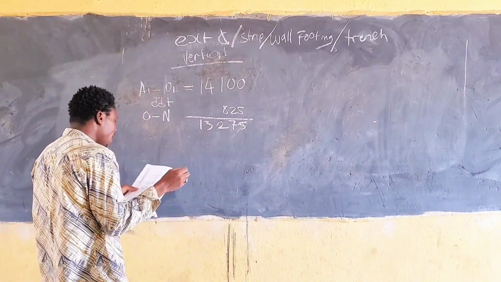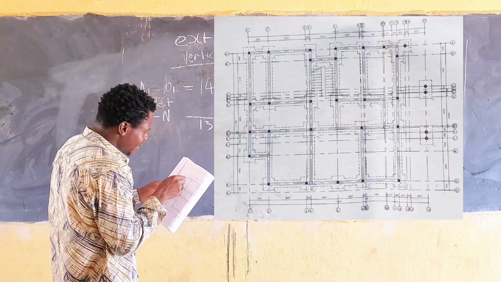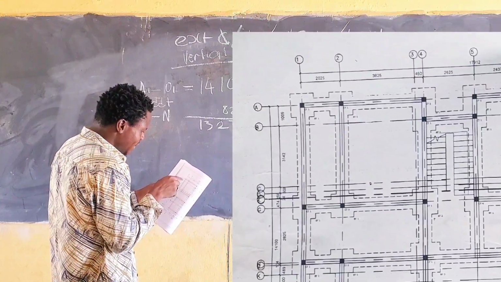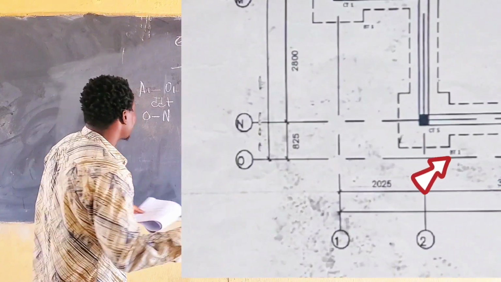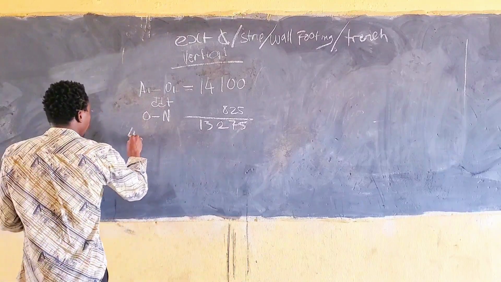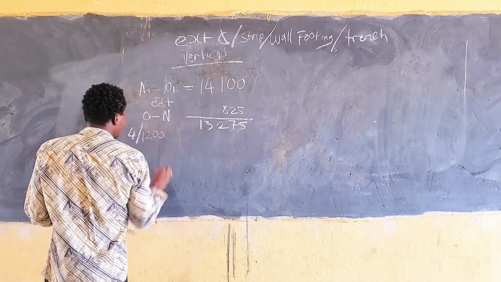We'll now check the base types that they are. The one on A1 is base type 1. So we are lucky they are all base type 1. So we can simply say 4 by 1,200.